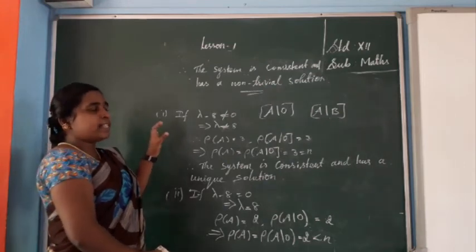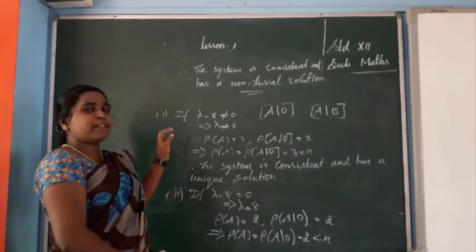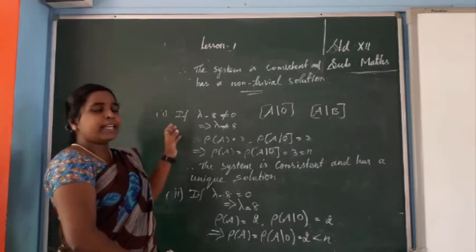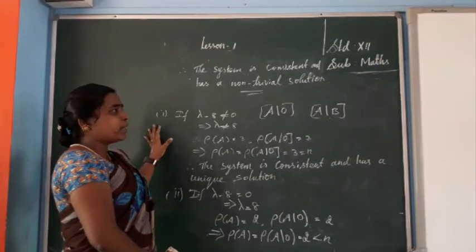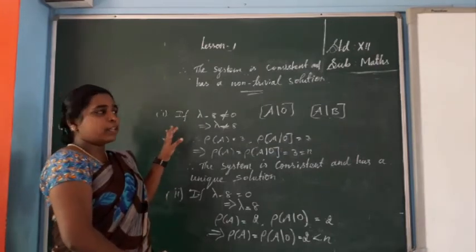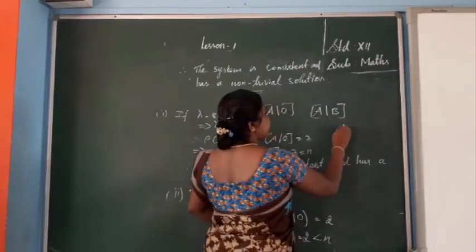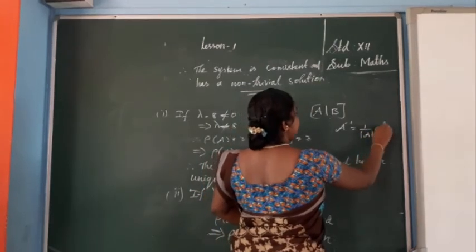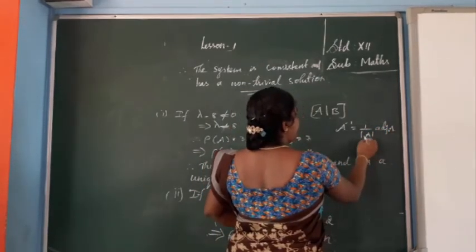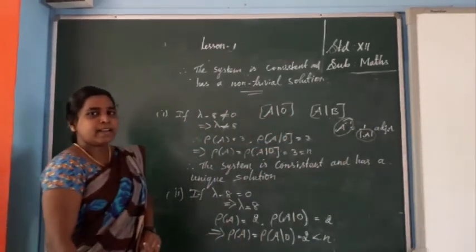So everything you have to study thoroughly. Actually, it is an easy concept only. When you are doing it, do it carefully. Calculation is very important. If you miss any term, we won't get the answer. That is very important here. This is easy, isn't it? Once again, let us recall the inverse. The A inverse formula is 1 by determinant A into adjoint A. When you are finding the inverse, first you have to check whether A is singular or non-singular.